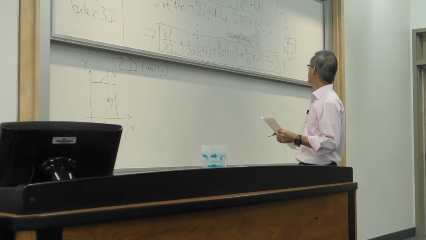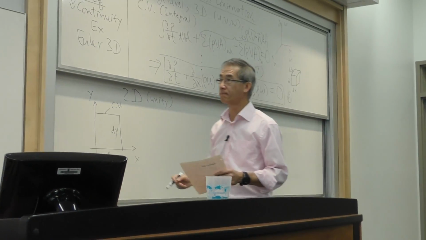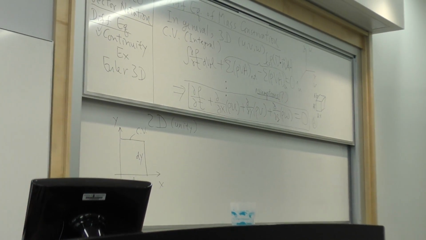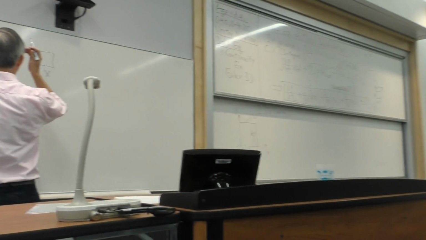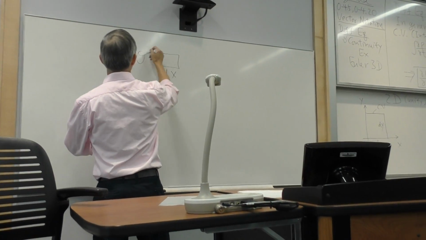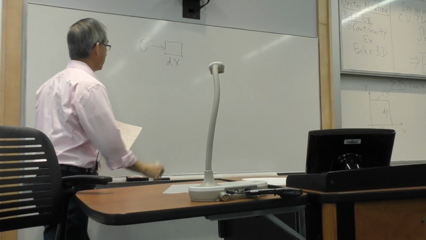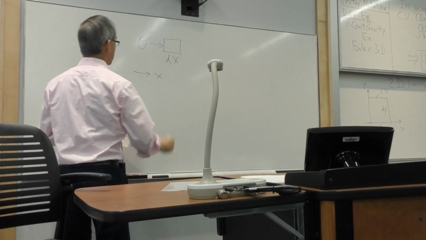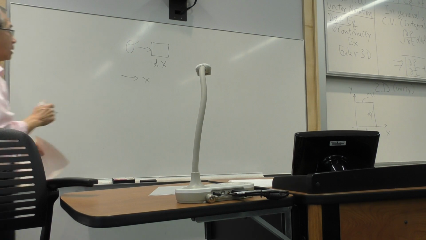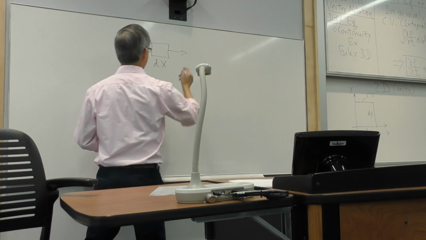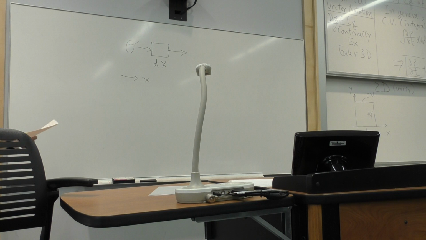Just to remind you what we did way back in the Euler's equation, we discussed this differential operator on quantity theta. At that time, that theta was pressure, P. And we asked how would that change relative to a differential element where you move by a distance of dx.